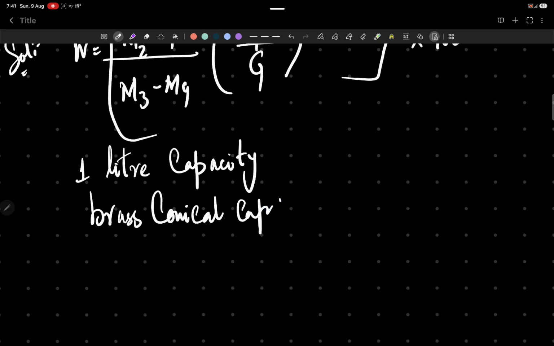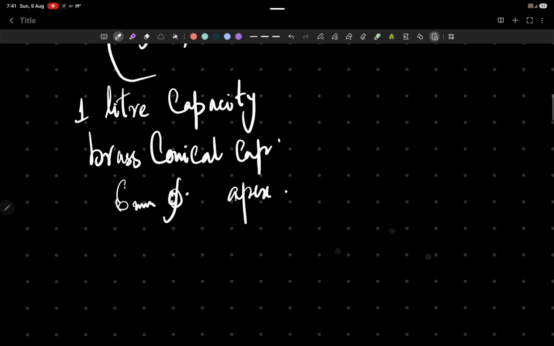The cap has a small hole of 6 mm diameter at its apex. A rubber or a fiber washer is placed between the cap and the jar to prevent the leakage. There is a mark on the cap and also on the jar. The cap is screwed down to the same mark such that the volume of the picnometer used in calculation remains constant.